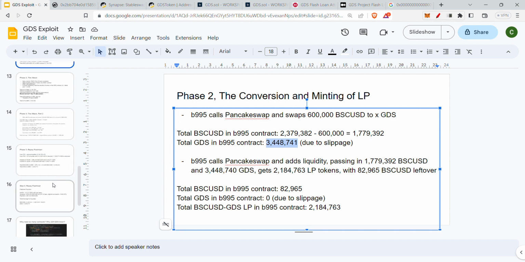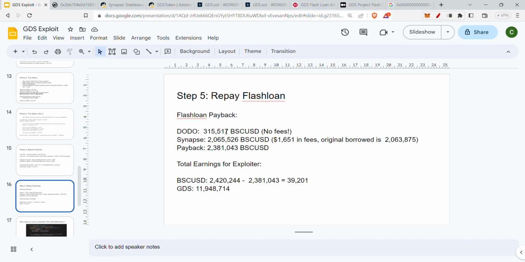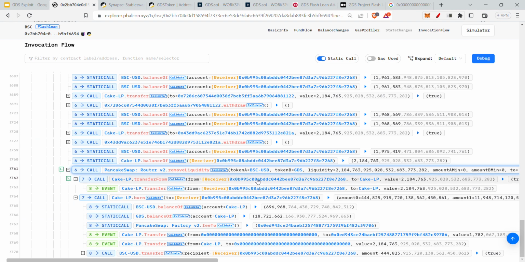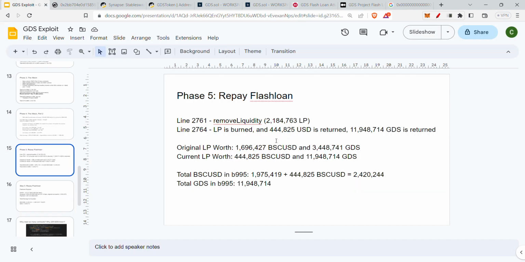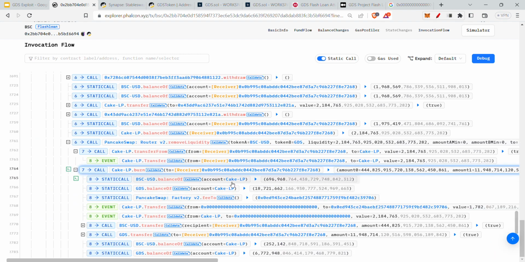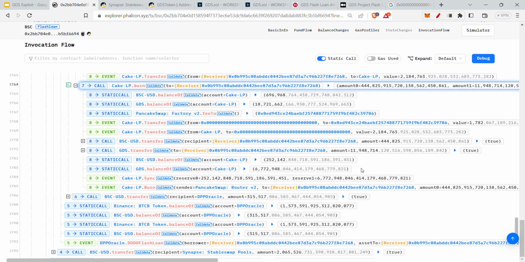So how much do you think he'll get if he burns the USD? This one. If you can see here, in line 2764, he calls burn, right? He burns the USDC. And then the amount he actually got is 444,000 USDC back and 11 million GDS back.